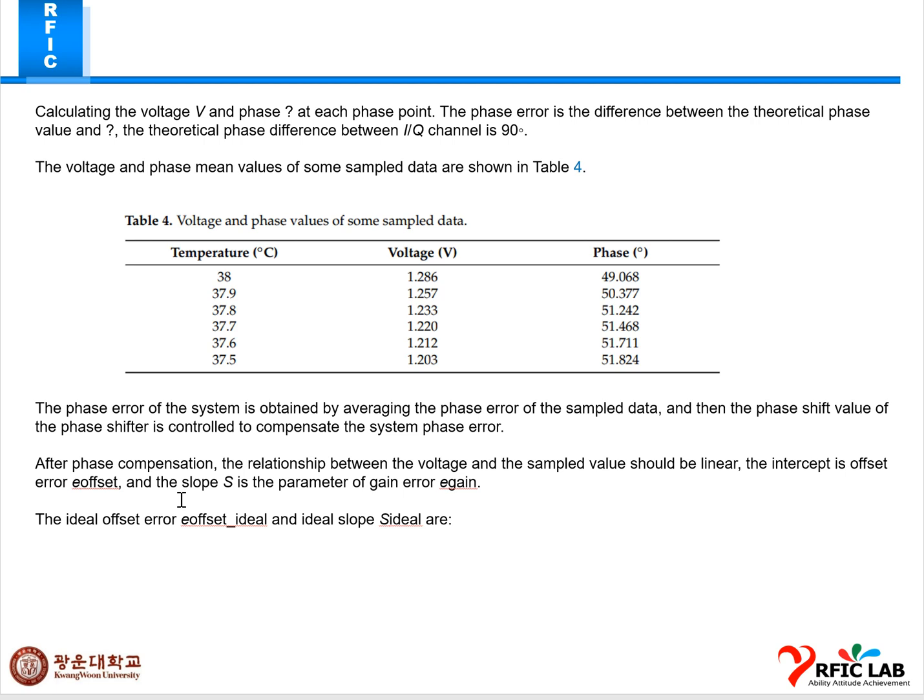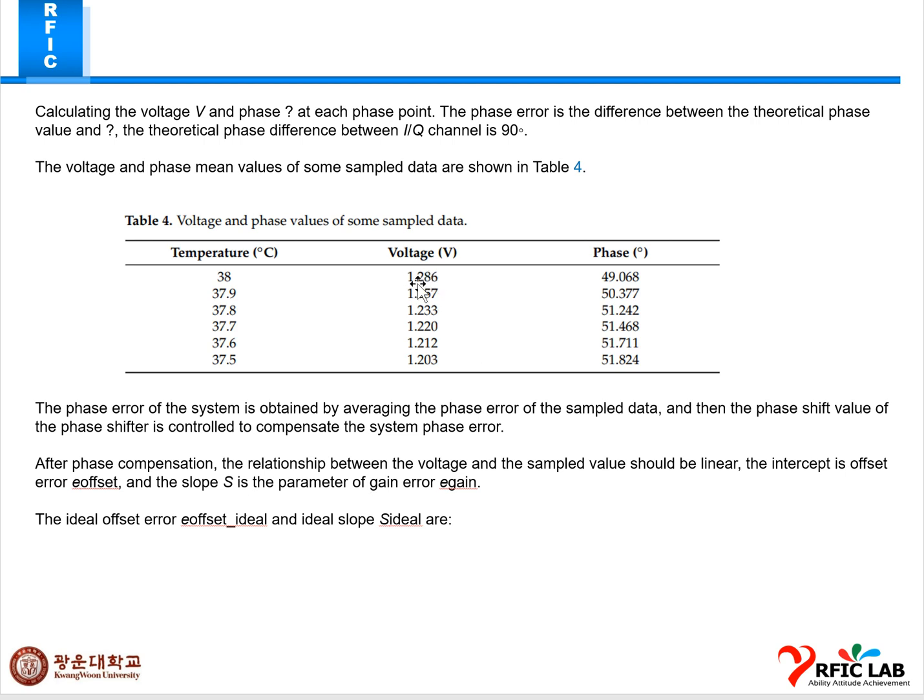After that, phase completion: the relation between the voltage and the sampled phase value should be linear, with an intercept in the offset error, and the slope is the parameter.